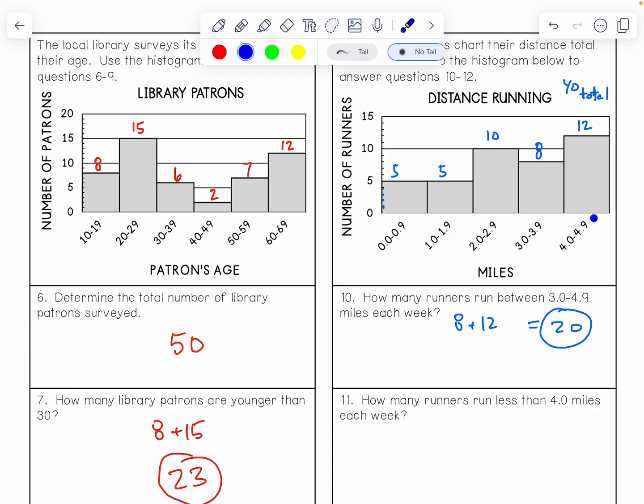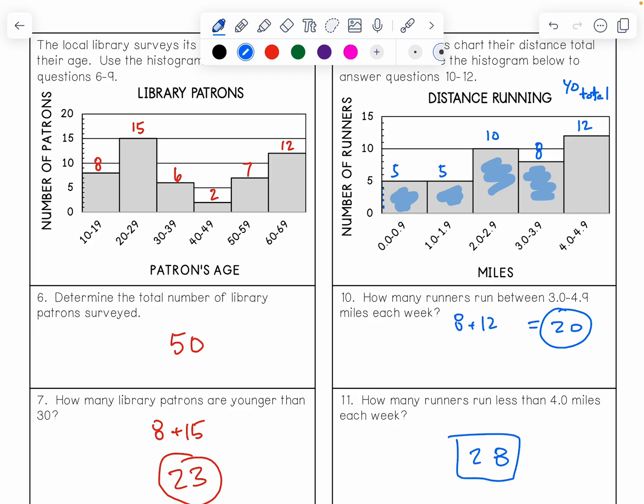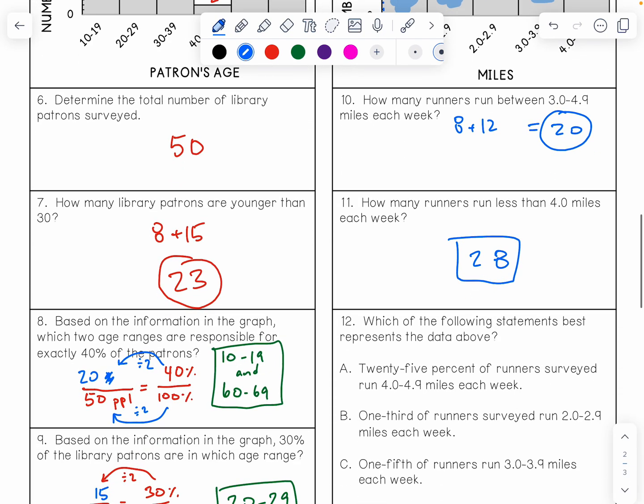So this is 4 to 4.9, so it's got to be less than 4. So it's going to be this plus this and this and this. Add all those up. 8 plus 10 plus 5 plus 5, that's 5, 10, 20, 28. That is 28 people total who run less than 4 miles.